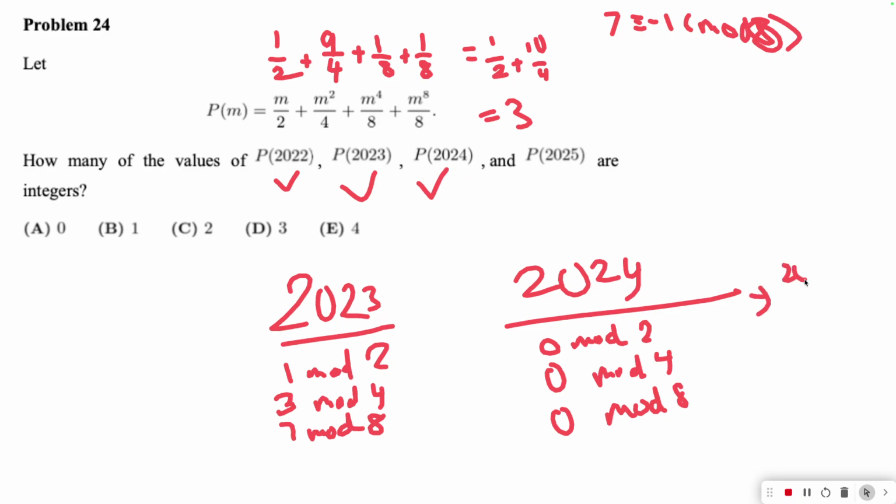And now if we get 2025, we just have to add one more, so it would be 1 mod all of them. All we're left with is plugging in 1 for each of these, because we add one to the remainder, so 1 mod 2, 1 mod 4, 1 mod 8. Let me just write that out.